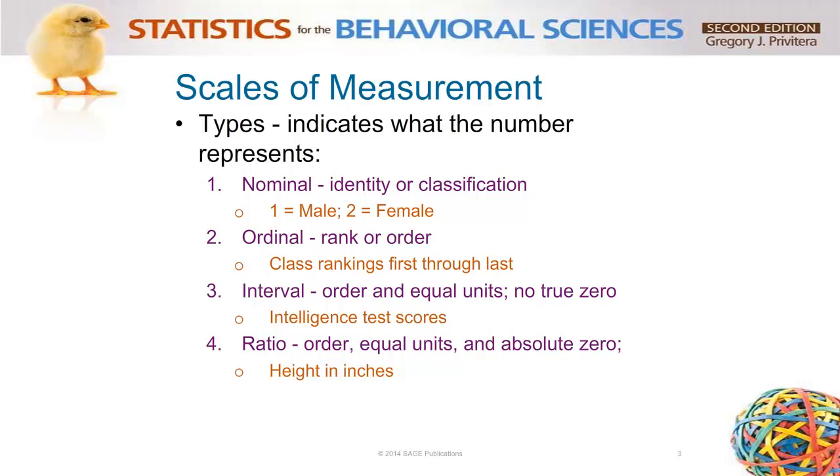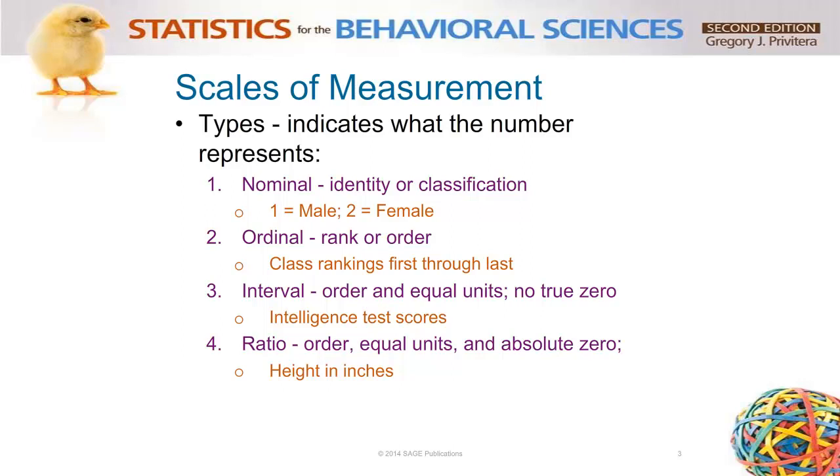We also have ordinal, so this is a rank or order. We might have class rankings, first through last, so are you top of your class, or number 58 out of 500, whatever you happen to be. It's an order. We have interval: order in equal units, no true zero. Intelligence test scores are an example of this. We give an IQ test, you can get a range of scores.